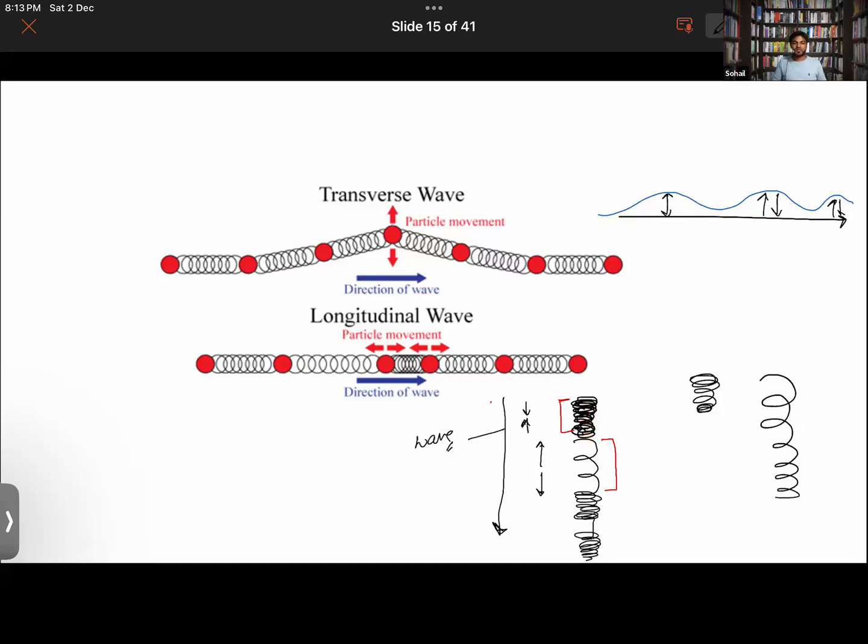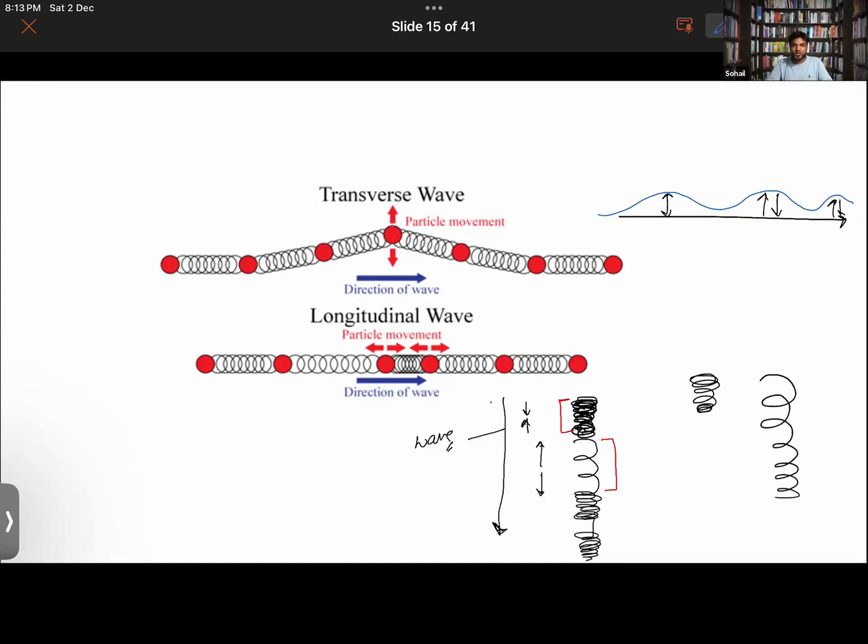At some places it compresses, while at some places it expands, right? So this is how longitudinal waves move, when the particles of the medium move parallel to the direction of wave propagation. So thereby it's called a longitudinal wave.